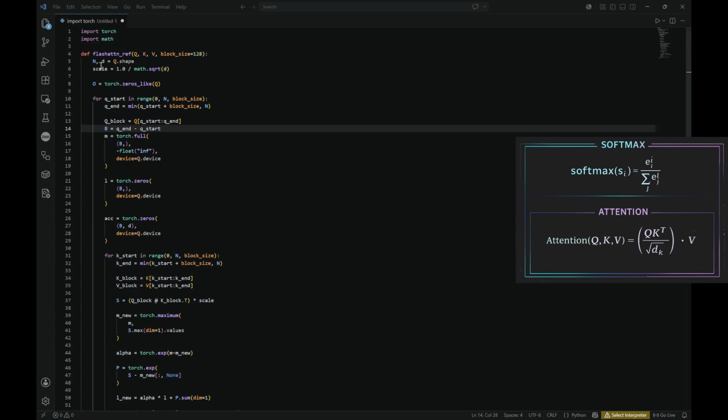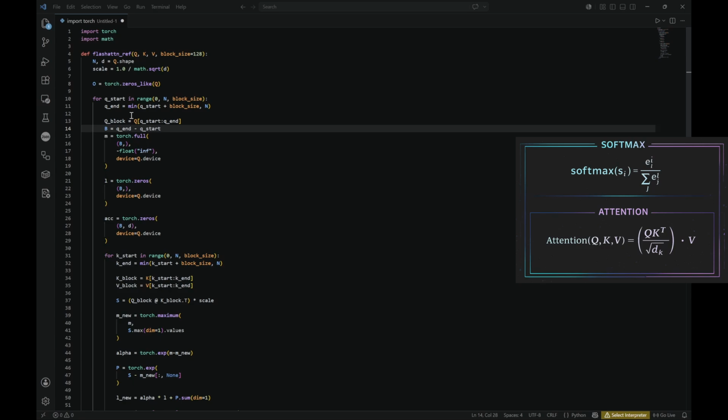Okay, now for the coding portion of this video, we'll be going over a function called flash attention reference, and it's quite similar to the actual concept of flash attention, although not exact. The flash attention reference will take in 4 parameters: Q, K, V, and block size. Now, if you're not familiar with transformer architecture, that's fine. I'll go over the very basic concept of what these parameters are.